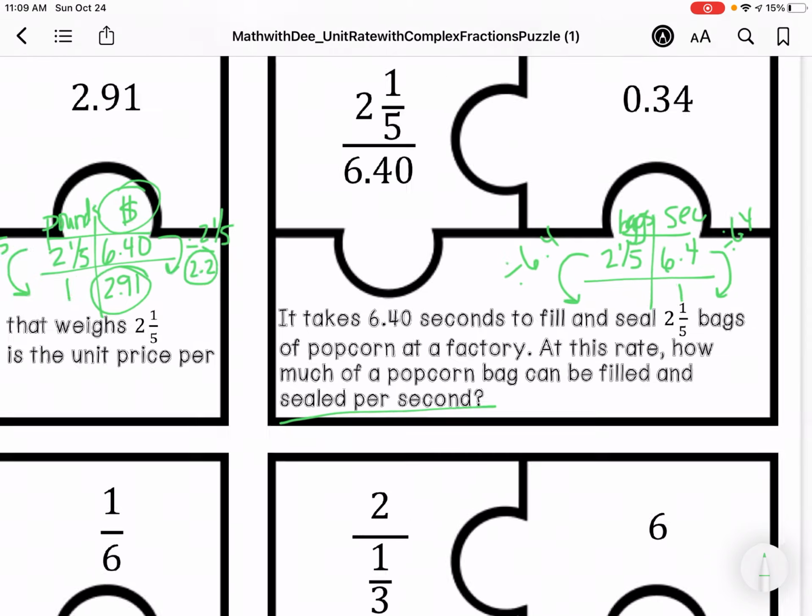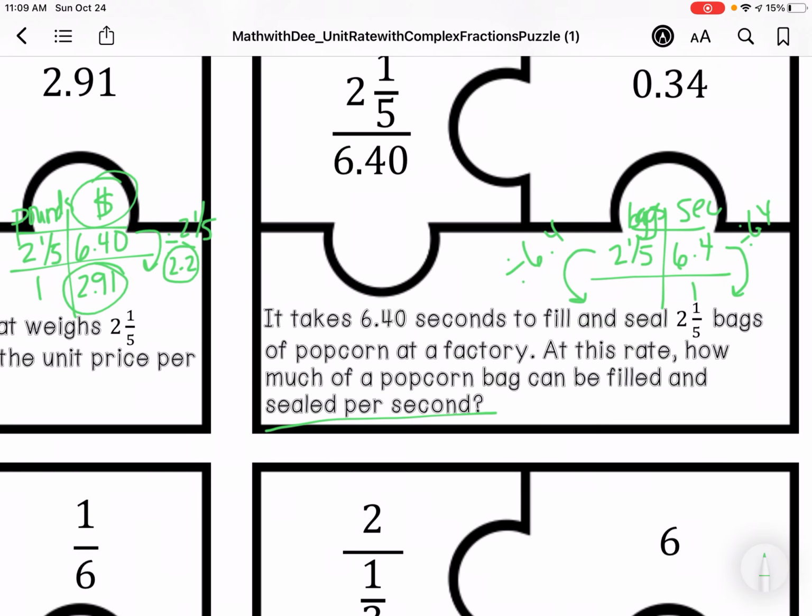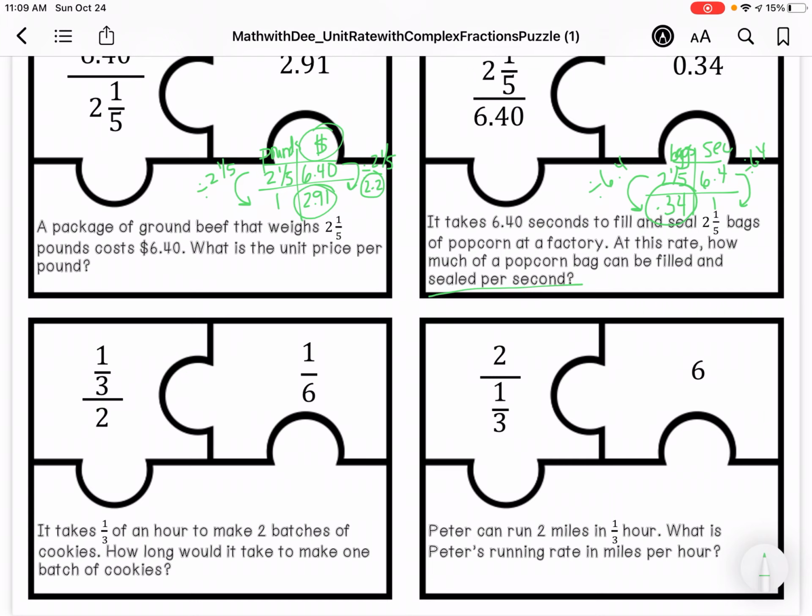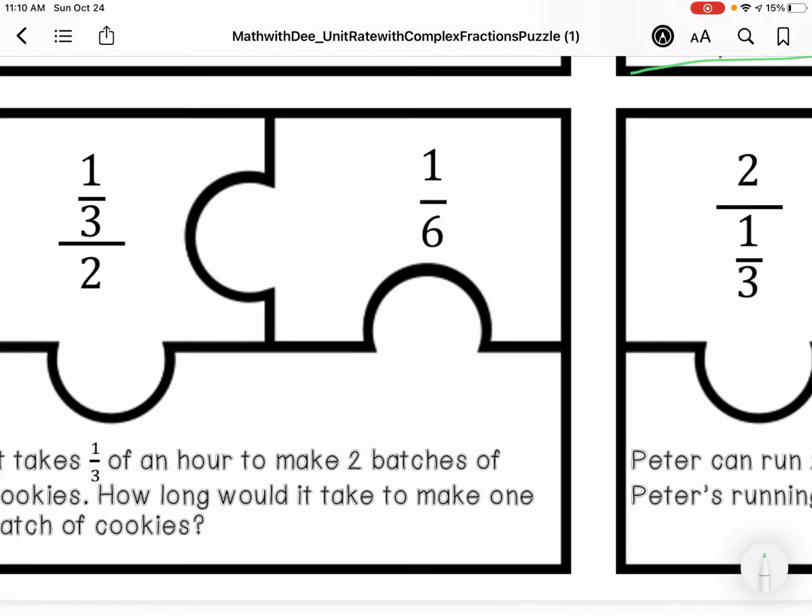And I get 0.343. So 0.34 is where I'm going to stop, because they want us to go to the hundredths place. It doesn't say that, but it looks like it's 5 points behind the decimal. So that's typically where they have you round it to.